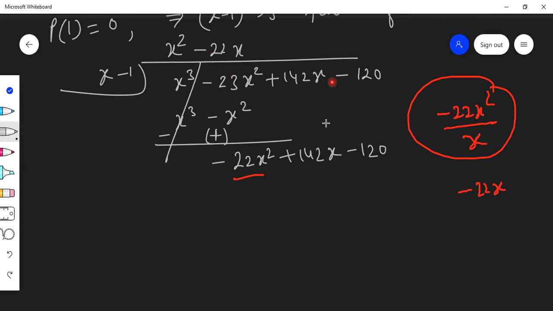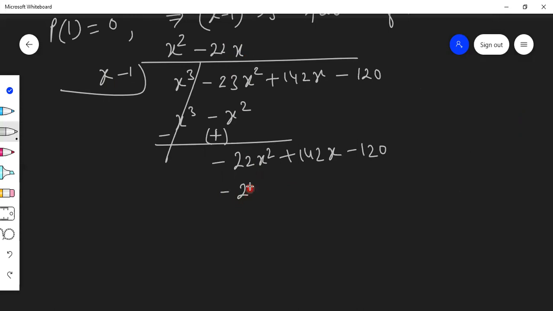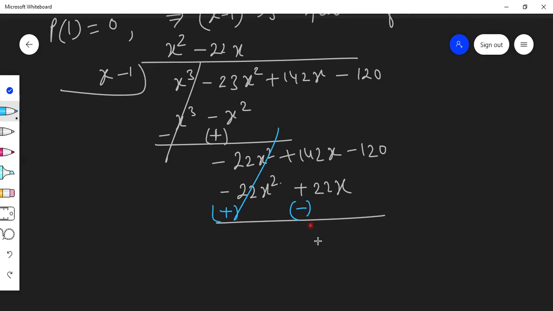So this should be minus 22x squared, and minus 22x into minus 1 should be plus 22x, and again subtract. We would like to change sign here. This is negative, so this gets cancelled. 142 minus 22 should be 120x, and finally this 120 should be written down.